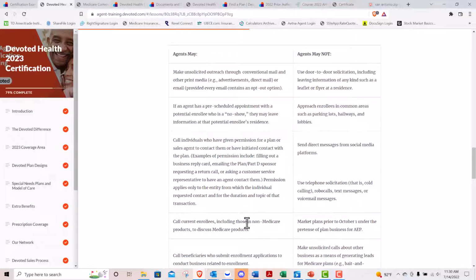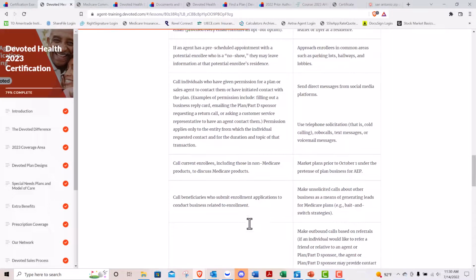You can call current enrollees. Wow. Here I was thinking I've been doing this wrong the whole time, but in actuality, you can call, including those in non-Medicare products. So here's the thing. If you have a client who bought, let's say, a cancer plan or a dental plan from you, you are able to call them and discuss Medicare products because there's an existing relationship.